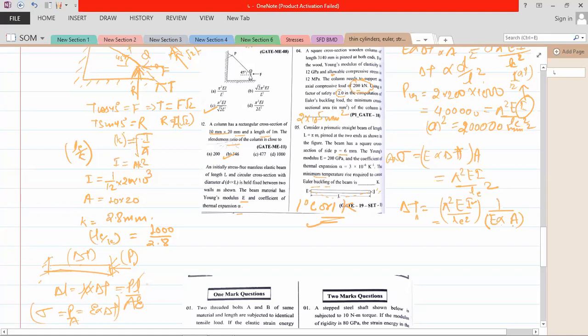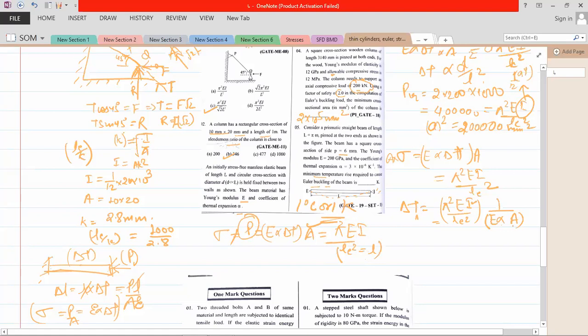Now I am utilizing the same concept. If you increase the temperature, a stress or force is developed that is equal to E alpha delta T into area. Now for Euler buckling, the same force will tend to cause the buckle. So what is the buckling load? Pi square EI upon LE square. LE is equal to L for this condition.